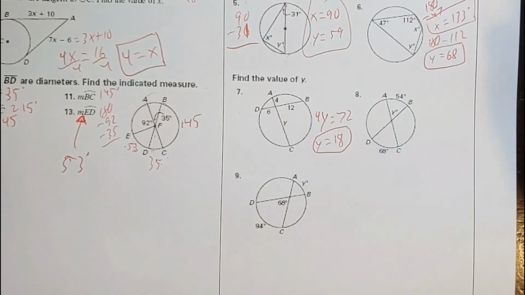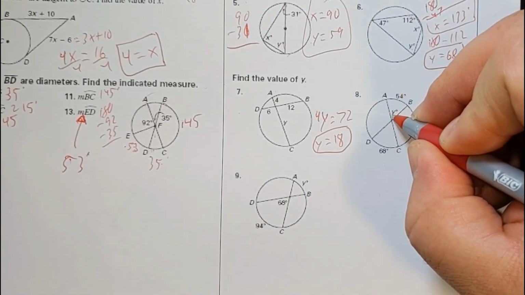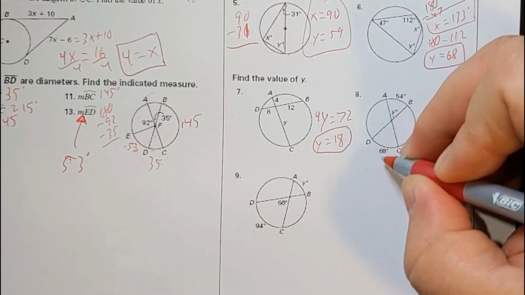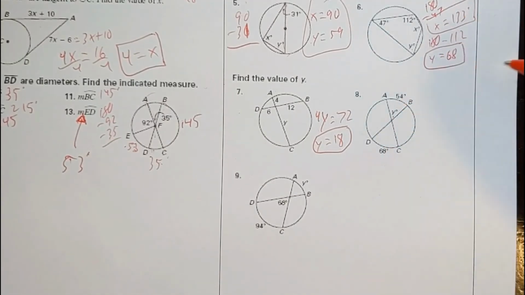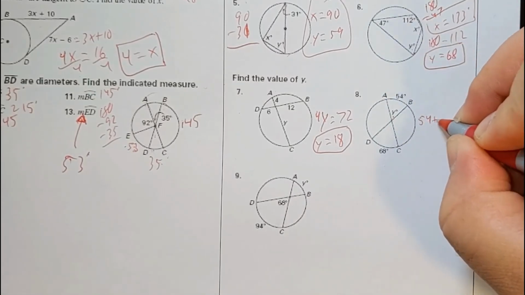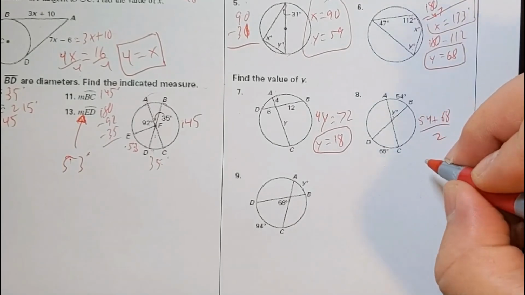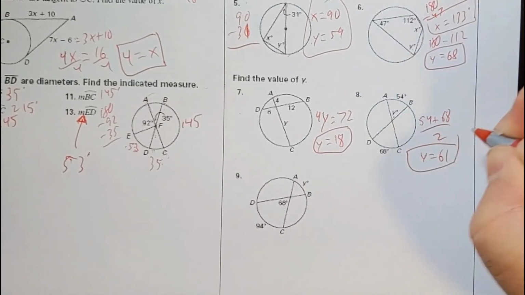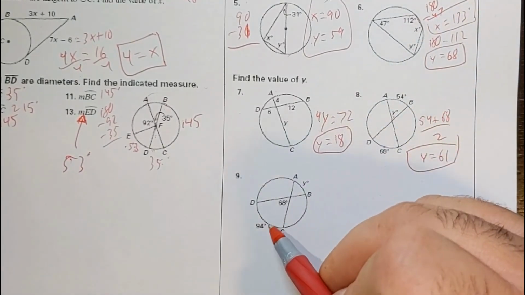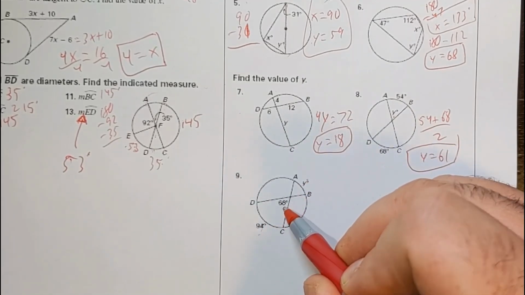On number 8, this angle that's directly in between those two chords has to be the average of those two chords. 54 plus 68 divided by 2 is 61. Y is 61. Number 9, again, if you add these two and divide by 2, it's supposed to equal the angle that's in the middle of them.